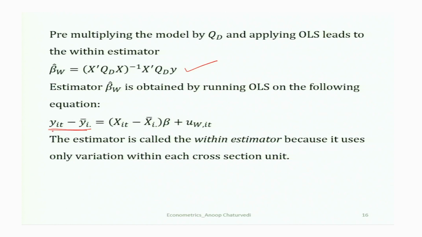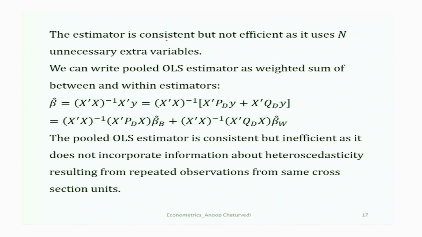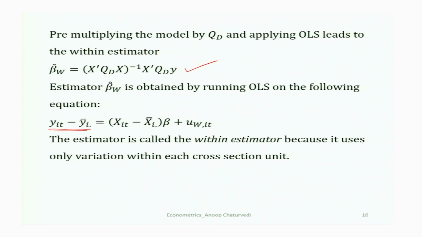Basically, you are running a regression which uses the variation within each cross section unit. This estimator is also consistent, but it is not efficient as it uses n unnecessary extra variables. You have used these n unnecessary variables.